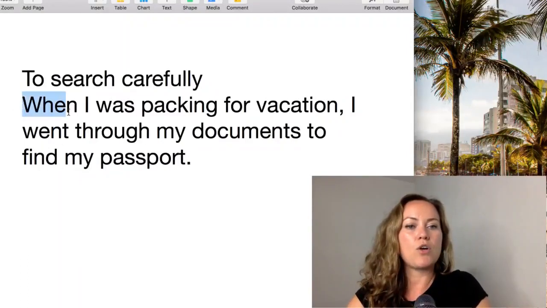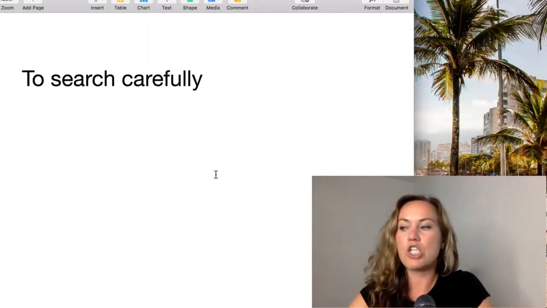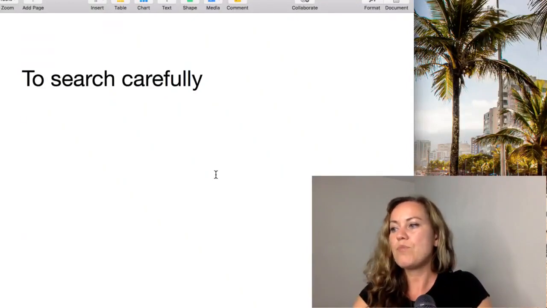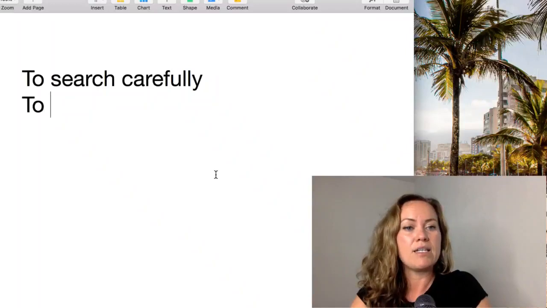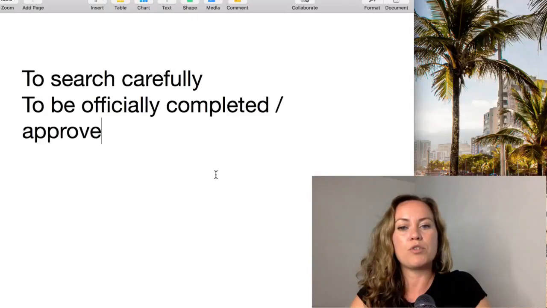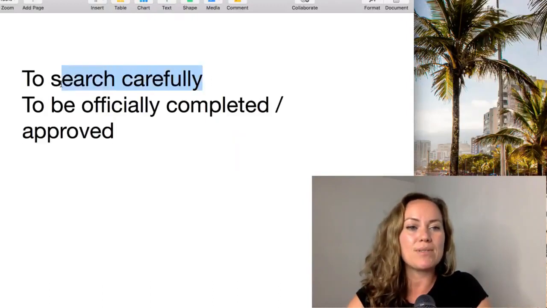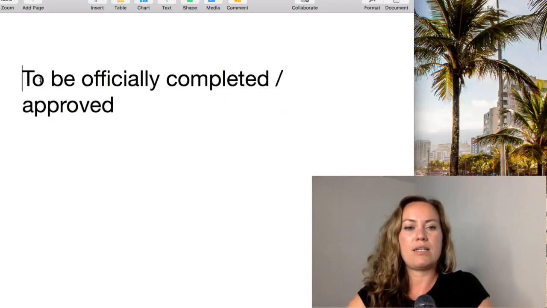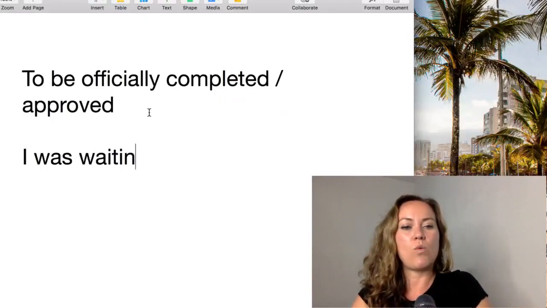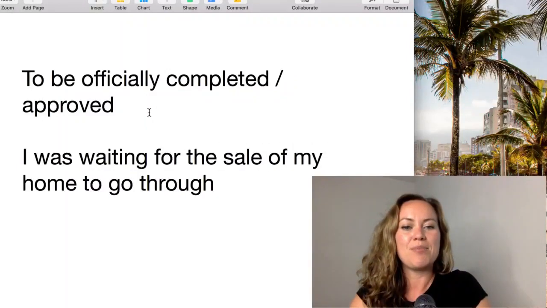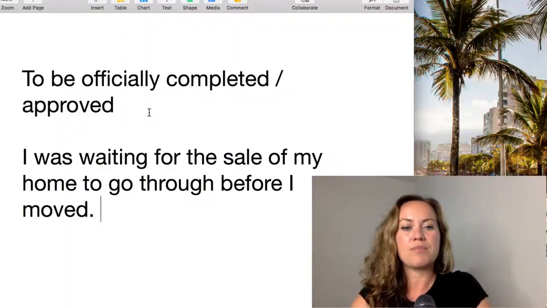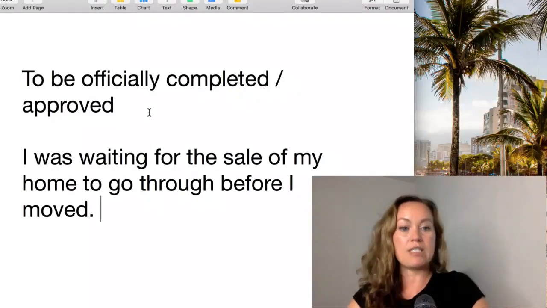Okay, so let's look at another usage of to go through. It can be for something to be officially approved or completed. To be officially completed or approved. So, for example, I was waiting for the sale of my home to go through before I moved. So, to be officially completed, right?